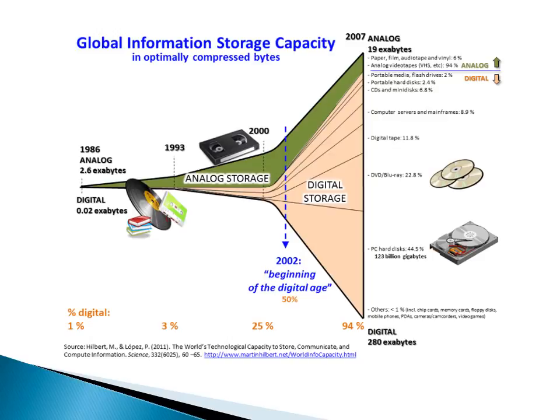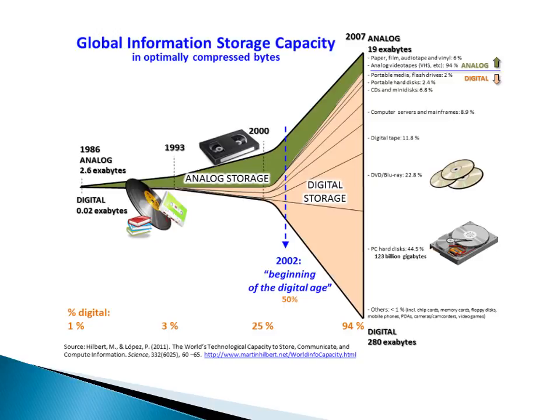I remember getting my first computer when it had a gigabyte of memory, and I thought it was so much space I would never possibly think about consuming it. And this is when MP3s started to come about, and so on and so forth. But from 1993 to 2000, we start seeing a shift. We see now that 25% of the information is digital compared to just 3% 7 years prior.